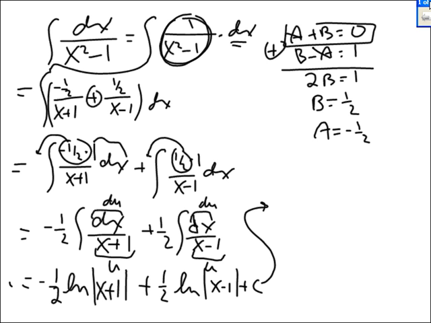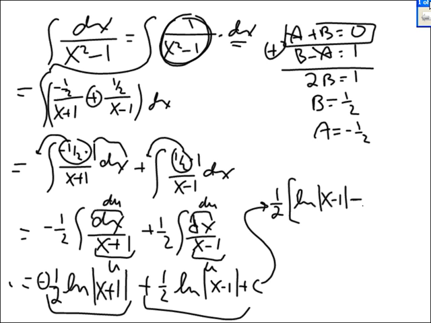Okay, now let's clean up the final answer. I can pull out a half. And I'm going to say this term first because it's positive. So I get ln of x minus 1, minus, because I pulled out the half from here, ln of x plus 1, plus c.